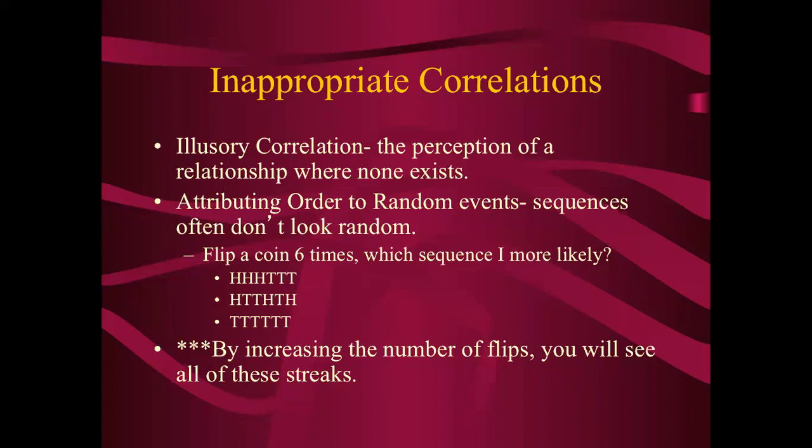I'll give you another 2 examples of illusory correlation or looking for patterns in random events. If you follow sports, there is this idea of a hot hand or the hot hand effect. So the person who's making the shot, feed them the ball, right?